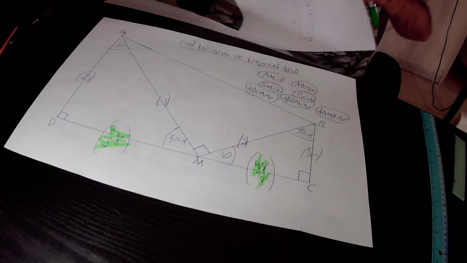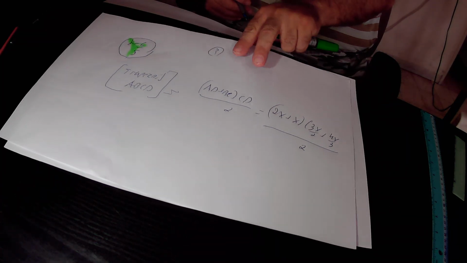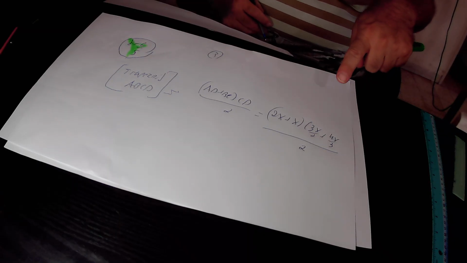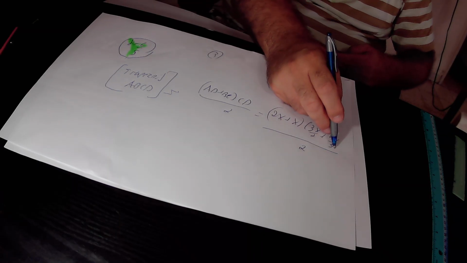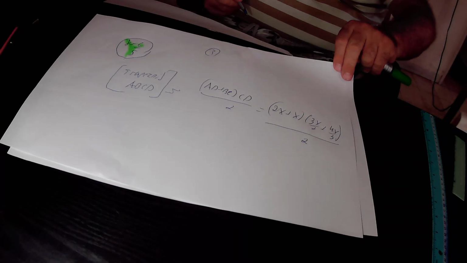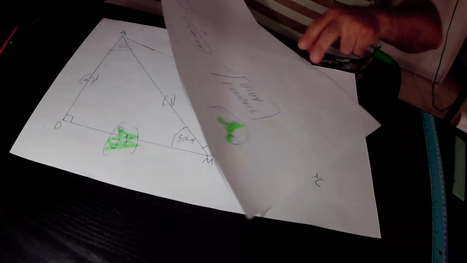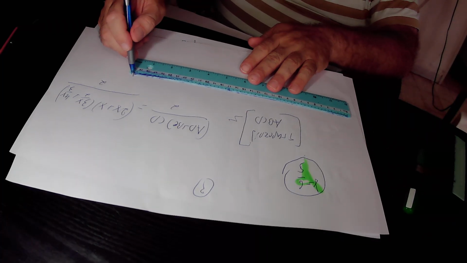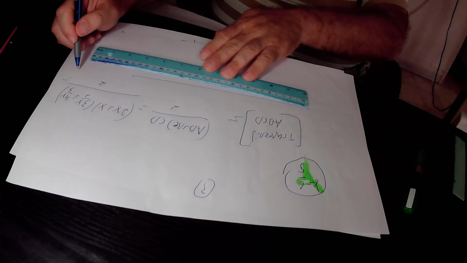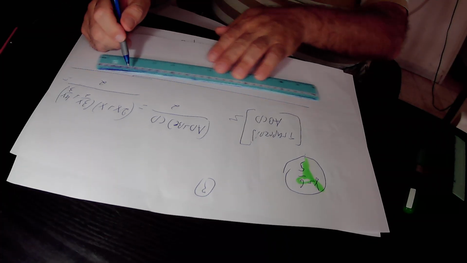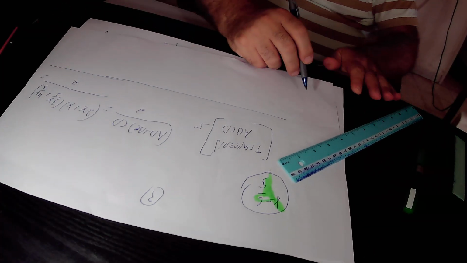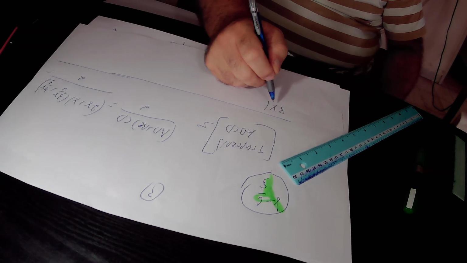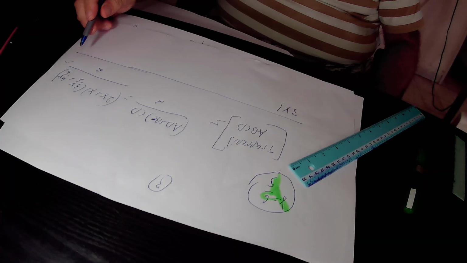So the area of trapezoid ABCD equals 2x plus x times 3x over 2 plus 4x over 3 divided by 2. 2x plus x is 3x, and remember 3x over 2 plus 4x over 3.